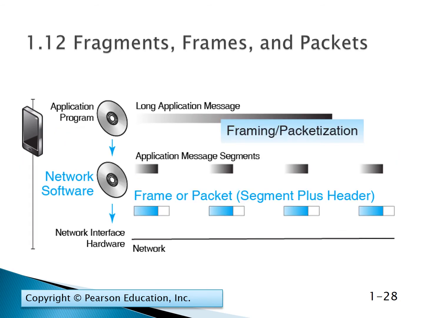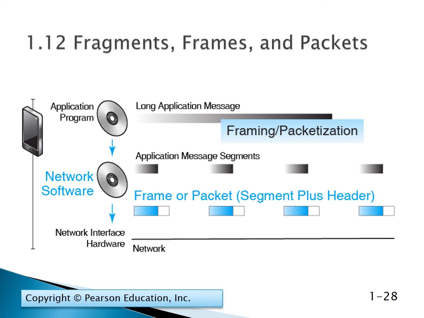And then these smaller segments will be packaged into something called frames or packets. So these are segments plus some header information. One analogy I usually use is like you have some documents. There are many pages, and then you split them into smaller parts, so you have 10 pages per group.